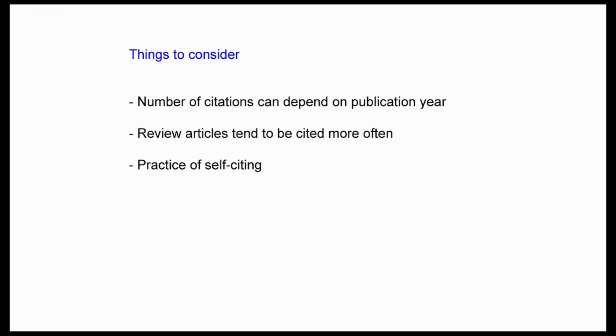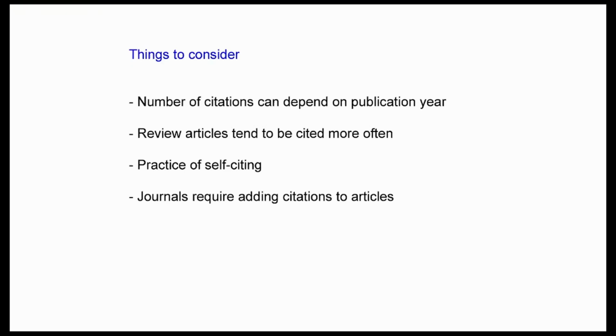There's also the practice of self-citing, which is not uncommon, by the way, where authors quote themselves to get a higher impact factor. That's quite a known practice. Or they do it in circles: A quotes B, B quotes C, C quotes A, and they do this all the time and generate a higher impact factor than usual. Journals also sometimes require adding citations to articles that appeared in that journal.